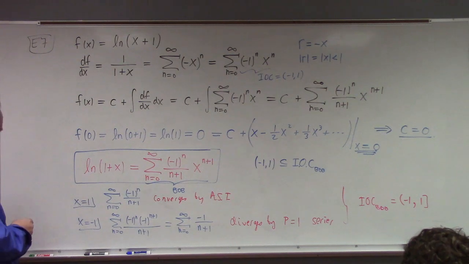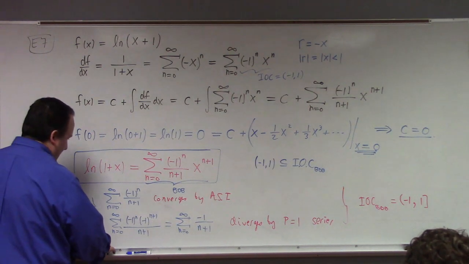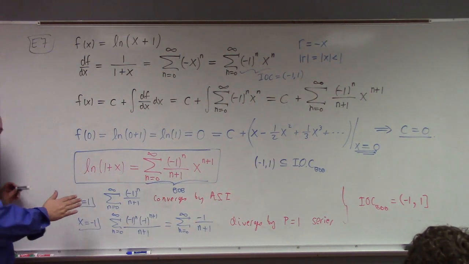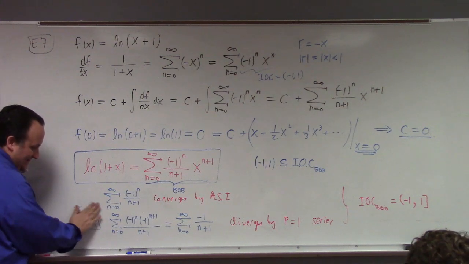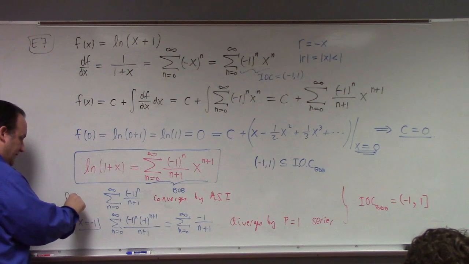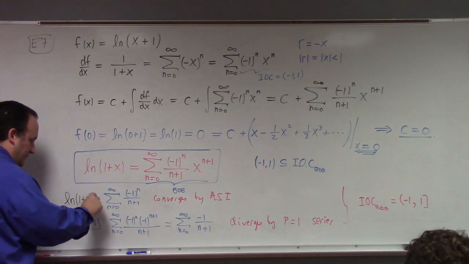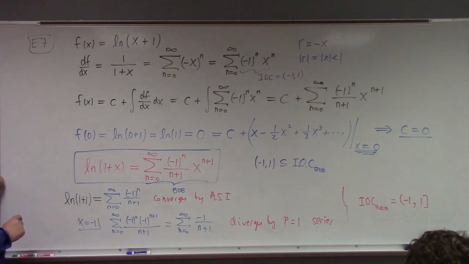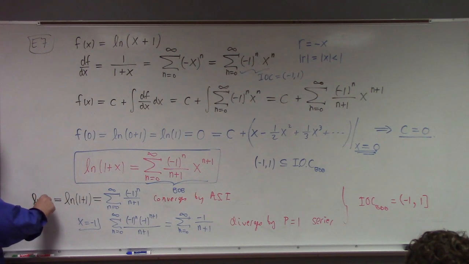By the way, take a step back and look at what we have here. See this? This is the natural log of 1 plus 1 equals to that, which is the natural log of 2.